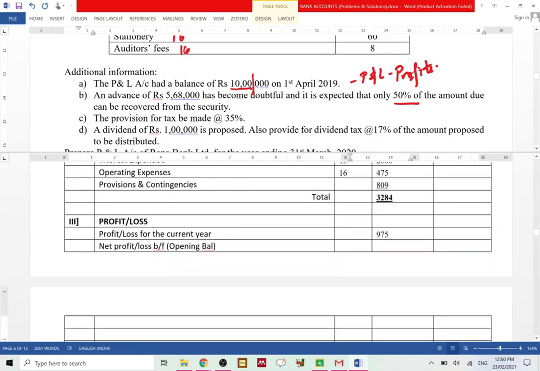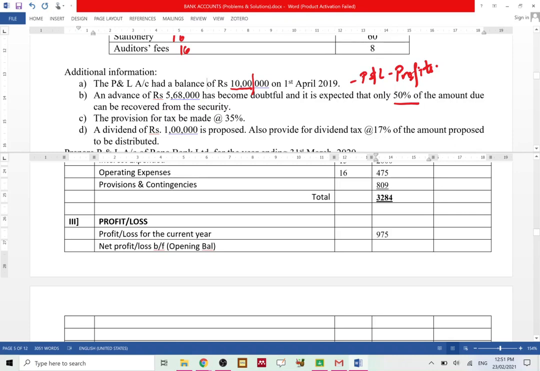Fine. So 975. Let's see what was the net profit or loss at the beginning of the year. That is what is brought forward from the previous year. Alright. That is opening balance on 1st of April. Look at our question here. It says P&L account had a balance of rupees 10 lakhs on 1st April 2019. Now why have I put a dash here and why did I separate?